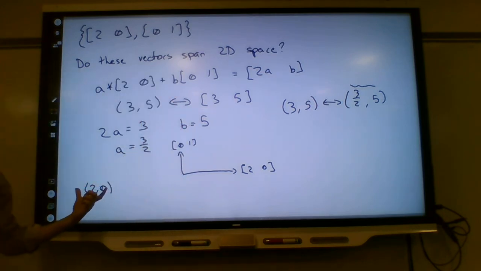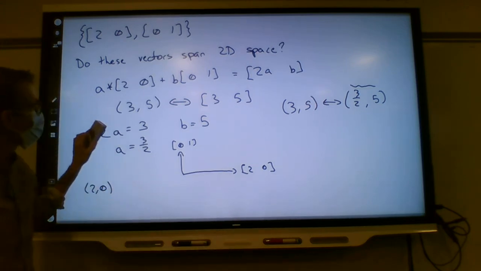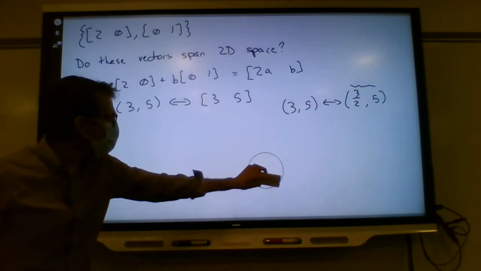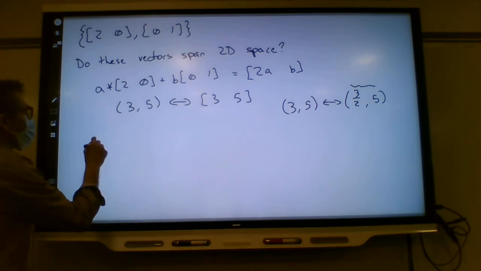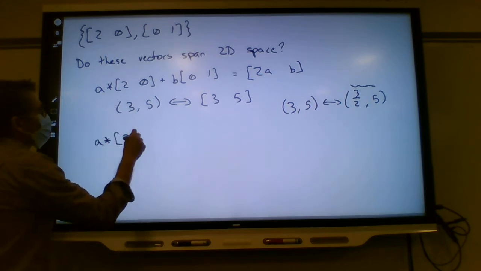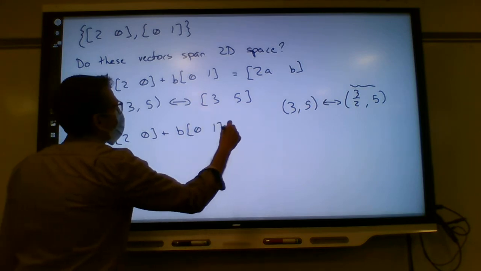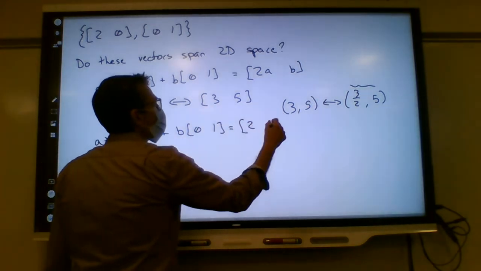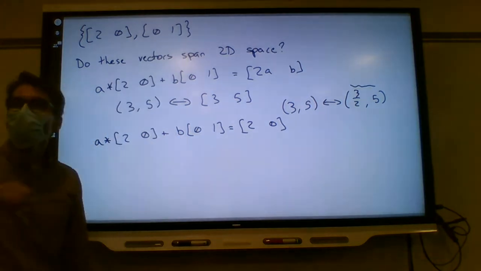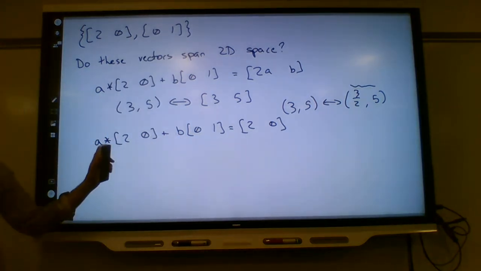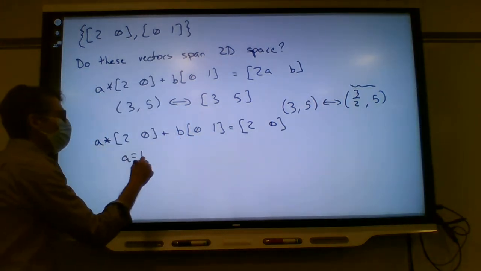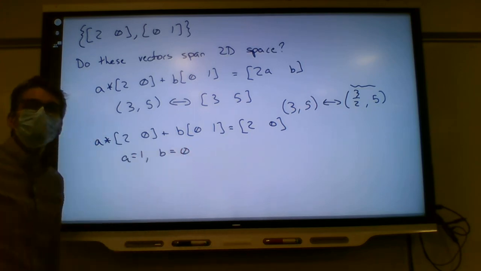But what does the point then 2, 0 correspond to in this new system? If we're trying to build 2, 0, then A is 1 and B is 0.